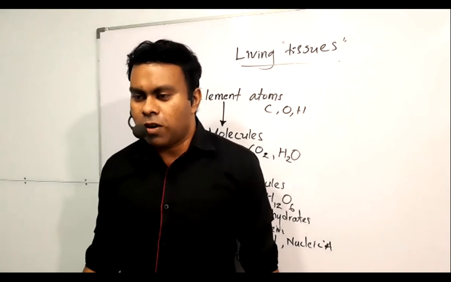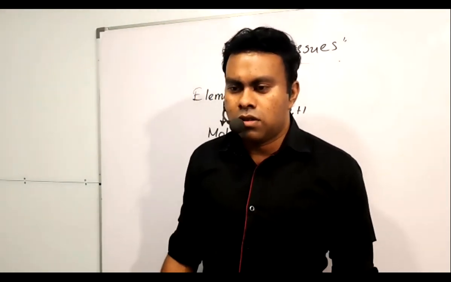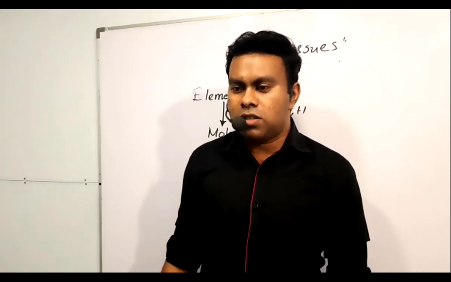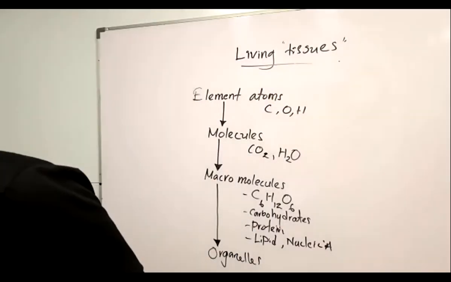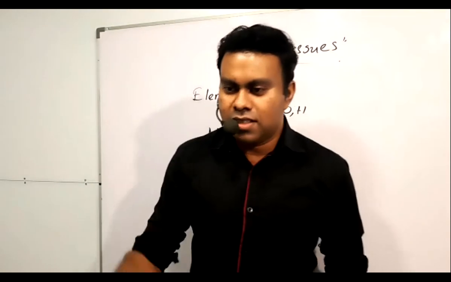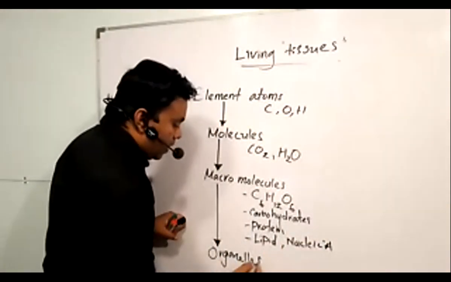The major organelle, the huge one. What is it? In the center of the animal cells, sometimes in the periphery of the plant cells. Yes, nucleus. That's not mitochondria. So the nucleus is the largest and main organelle.